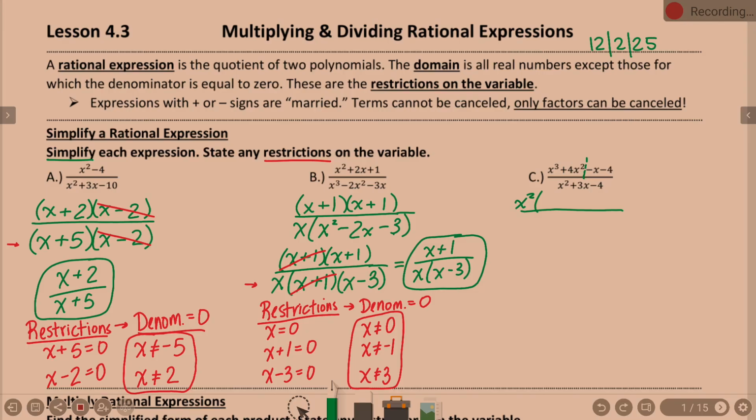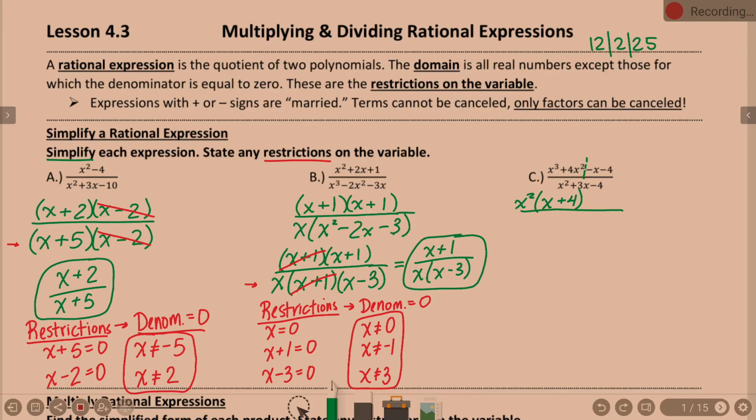And then, what remains? Well, x cubed divided by x squared leaves me with x. 4x squared divided by x squared leaves me with plus 4. Okay. Repeat the process on the second half. What do negative x and minus 4 have in common?